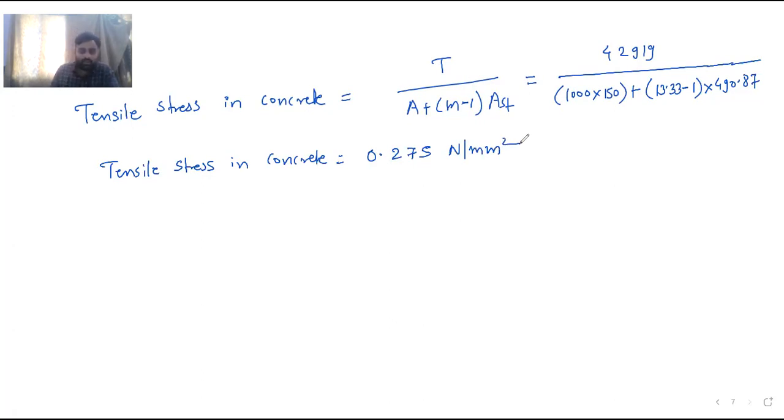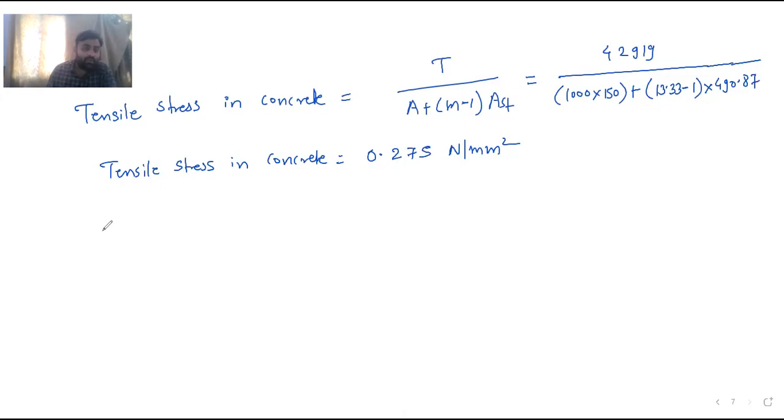Okay, so this is the tensile stress. Now this tensile stress is 0.275, which is within the permissible limit. Because even in the limit state table, it will start from 0.28. So it is still less than that also.